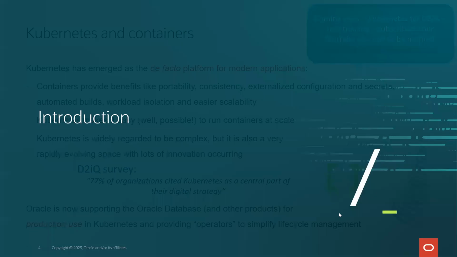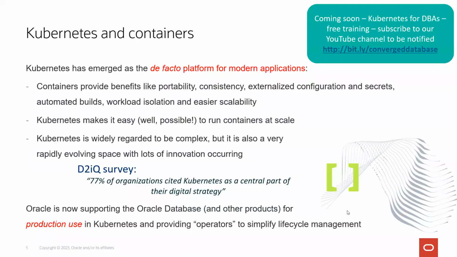So let's talk about the introduction. Kubernetes and containers have emerged to become the de facto platform for running modern applications. What containers provide is portability, consistency, and they make it easier to do externalized configuration and secrets. You can automate the build of those containers.